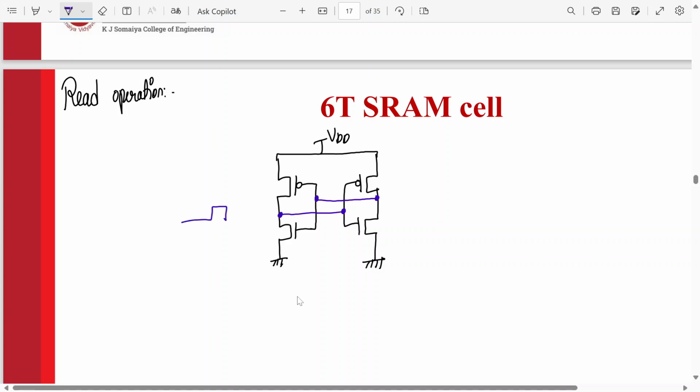Then we have the access transistors. Alright. This is the word line and this is the bit line, BLB.